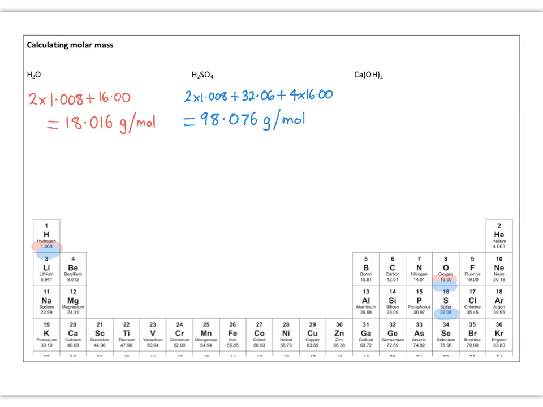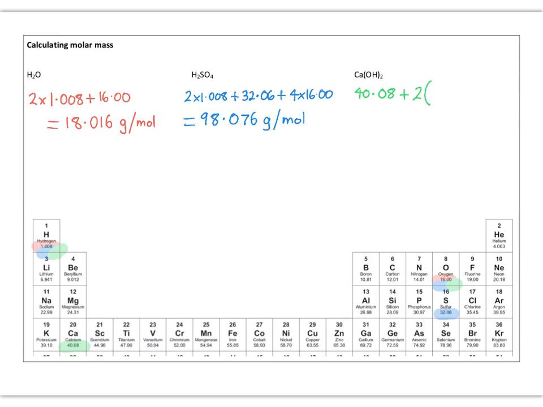Calcium hydroxide. So we've got calcium down here, 40.08, and obviously oxygen and hydrogen, which we've already used. We've got 1 calcium, so that's 40.08 plus. Now, we've got 2 OHs here, so I'm going to do this with brackets. That's what the little 2 in the brackets means.